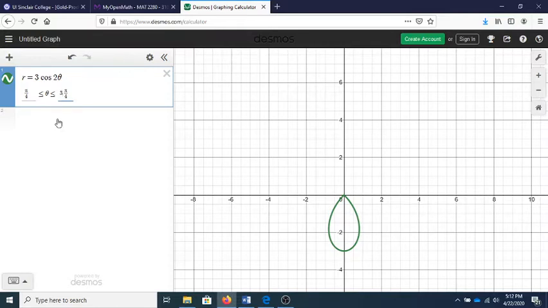But what would be better, just for the sake of consistency, is to go from negative pi over 4 to pi over 4, because then cosine is always positive when we're in quadrants 4 and 1, to the right of the y-axis. My cosine function is going to stay positive on that interval. That's what we're looking for, but that other interval would have worked too.